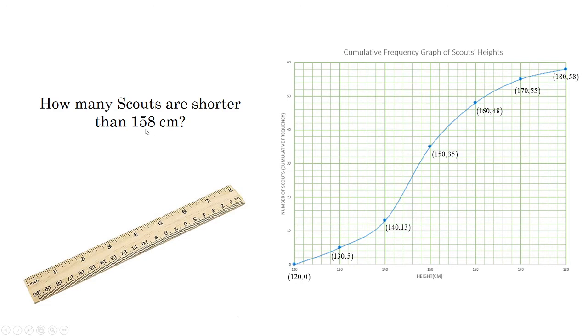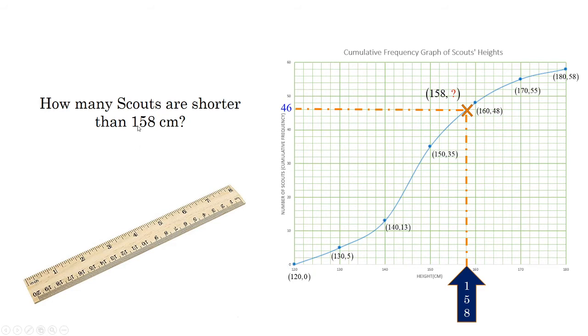So if we want to figure out who's shorter than 158, we got to go to 158 on our graph, which is right about here. And then we see what is the cumulative frequency up to 158. 46 approximately. We don't know for sure that it's 46 because this curve is hand-drawn. We don't have that specific data, but we can estimate based on the graph.